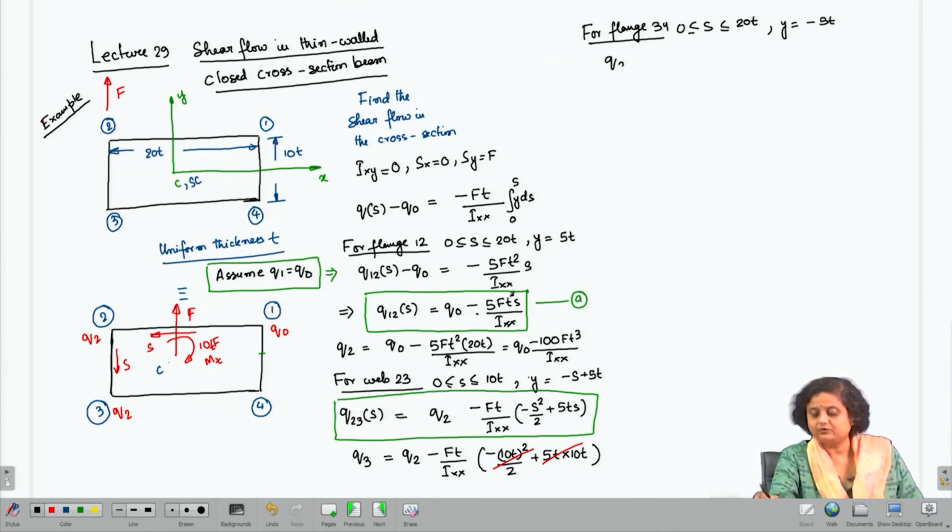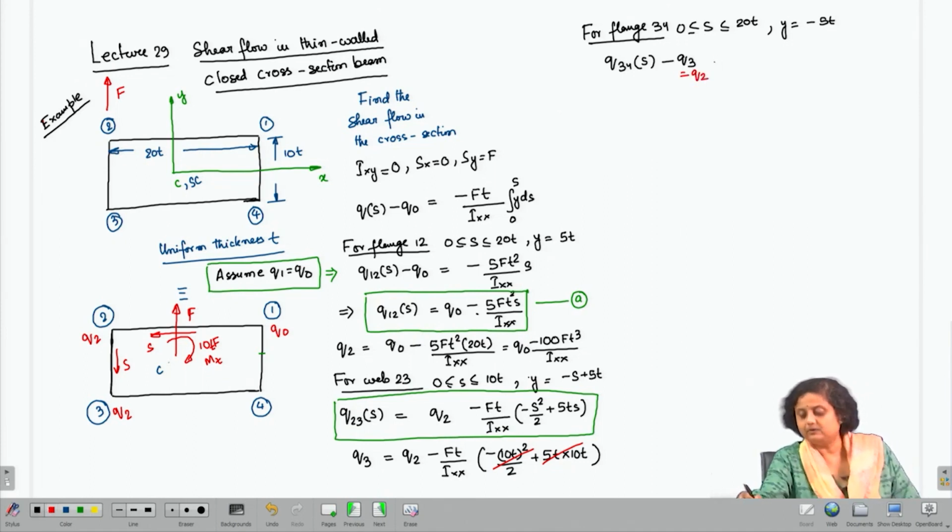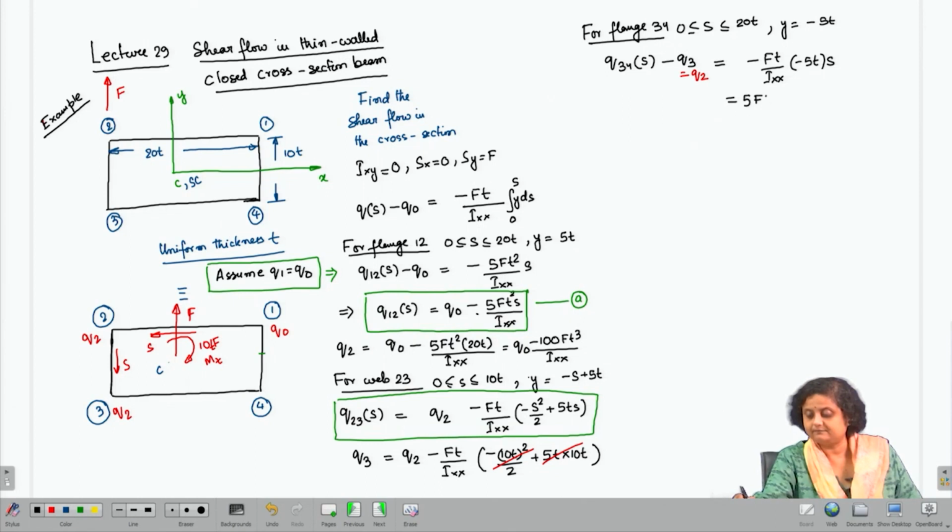Therefore, Q34S minus Q3, which is actually equal to Q2, we have figured this out, and that is going to be minus Ft by Ixx into minus 5t into S, which is going to be 5F t square S by Ixx.